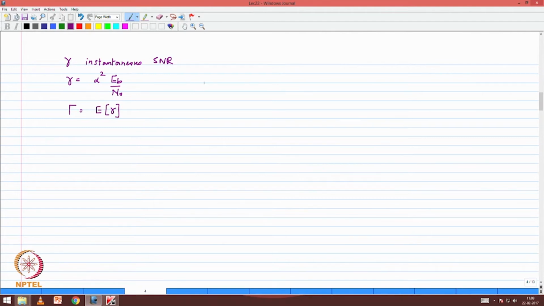And we have shown that if alpha has f(alpha) equal to alpha over sigma squared times e to the power minus alpha squared over 2 sigma squared, this is the Rayleigh distribution.